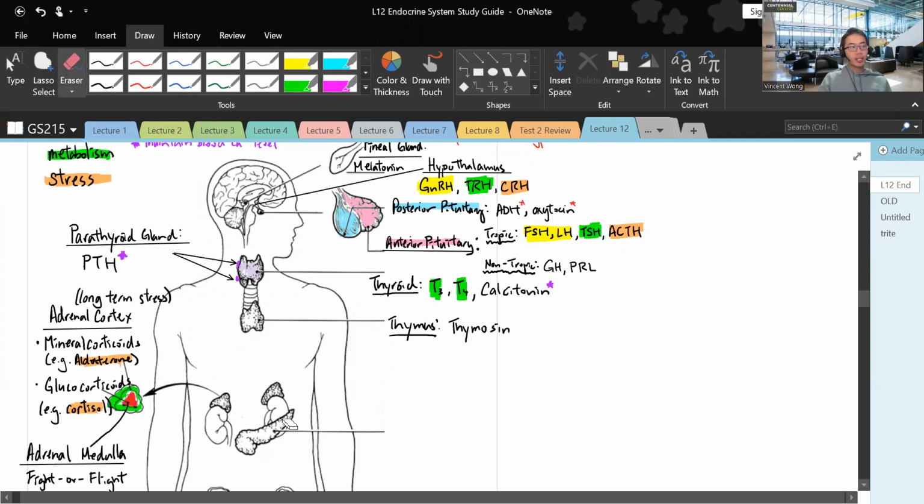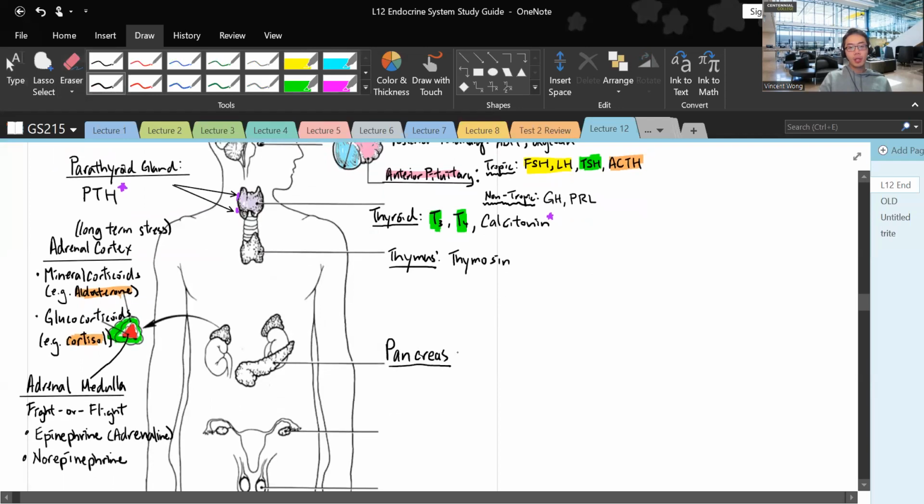Moving on, we have this thing right here. You probably recognize that is the pancreas. And the pancreas has the alpha cells and the beta cells, which are responsible for secreting insulin when you have high glucose and glucagon when you have low glucose.